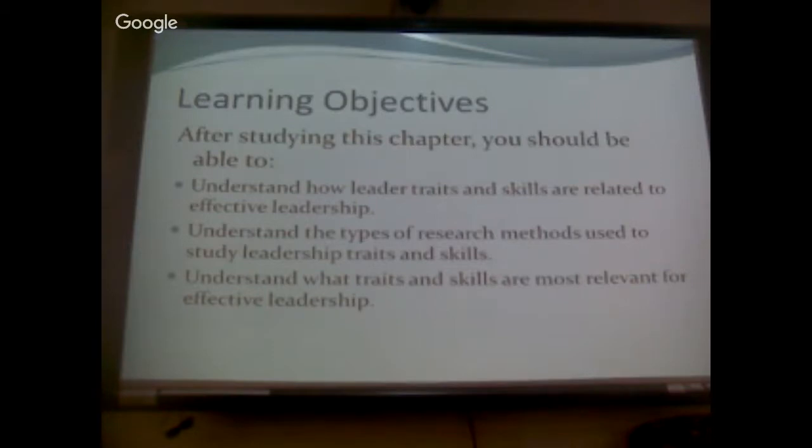Now we learn that in some situations we can hit a point of diminishing returns where more isn't always better. I'll give you a quick example with cognitive ability, and I might have mentioned this before. Cognitive ability has a curvilinear relationship with effective leadership.